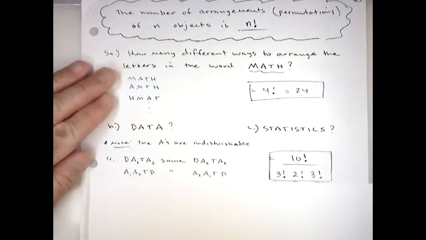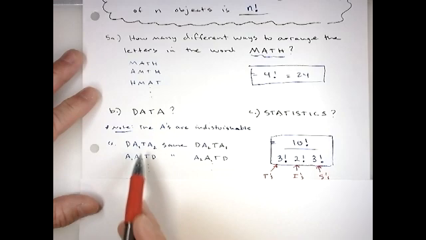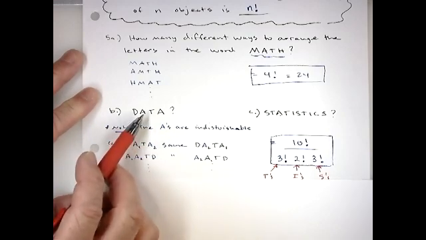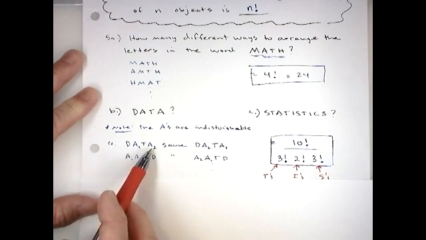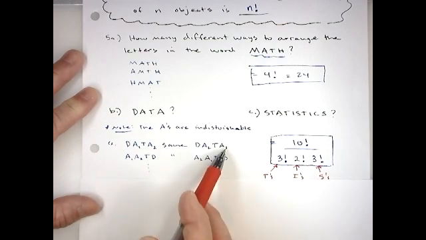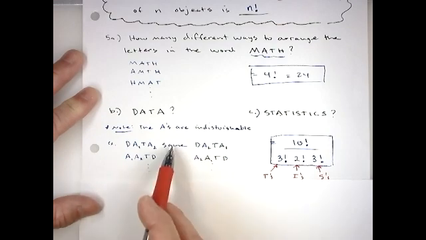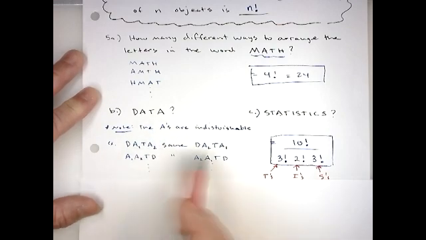So what we have to think about here, again, the A's are indistinguishable. So if I temporarily said, hey, this one's A1 and this one's A2, if I switched them around and made A2 here and A1 at the end, I wouldn't know the difference. This would be counted the same. But yet, if they were treated as all 4 different letters, these would be different, right? Those would be different, but we're going to treat them as the same.